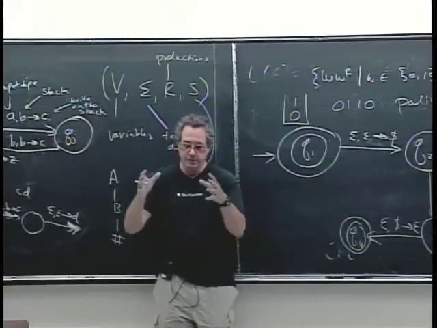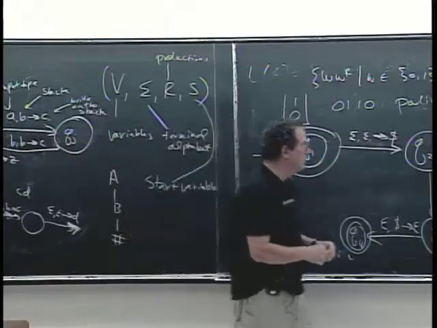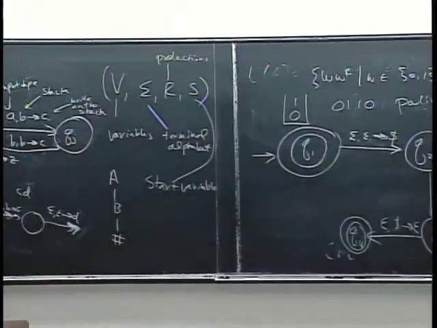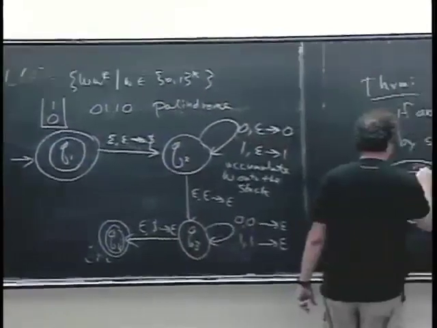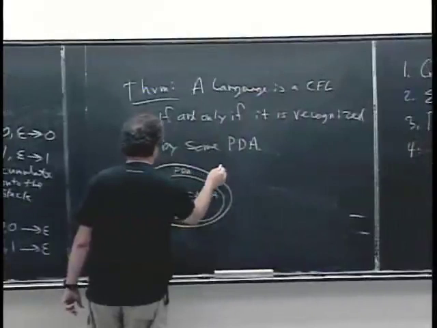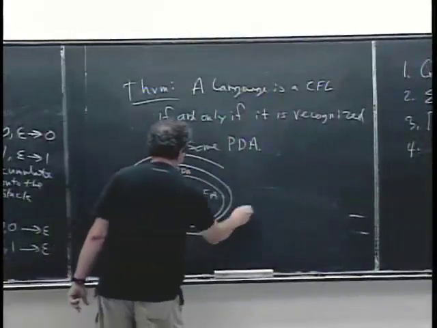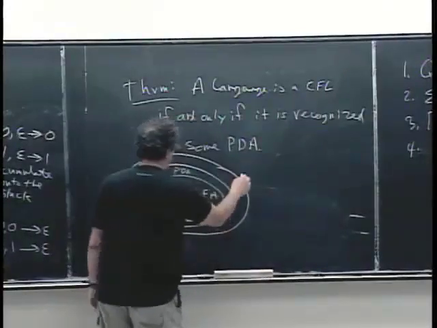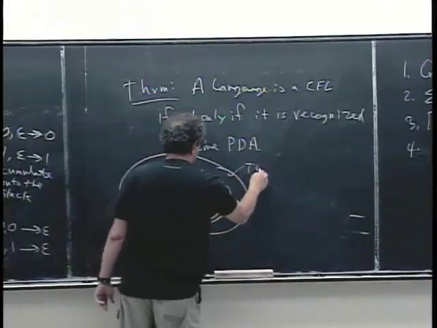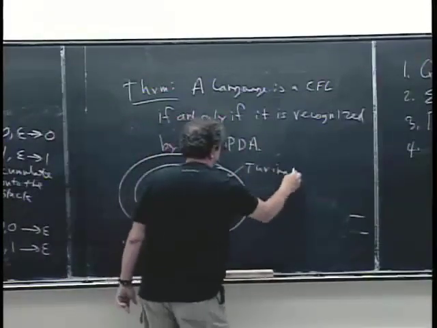Okay, so there's a hierarchy of more and more powerful machines. We have DFAs equals NFAs, and we have PDAs, and there are some other ones, but the outermost ring, the most powerful machines, are called Turing machines.